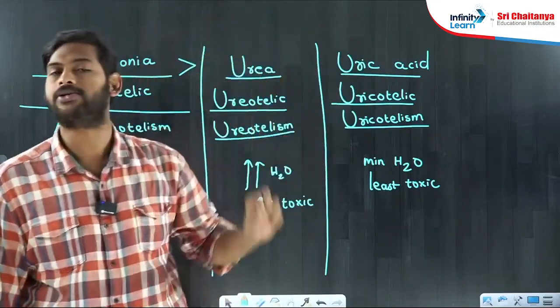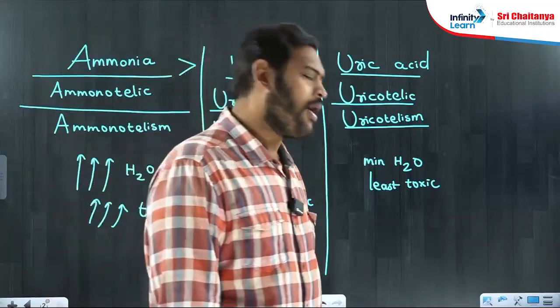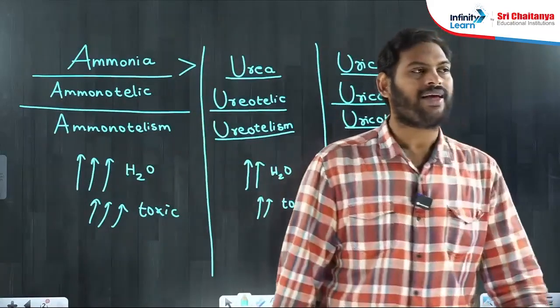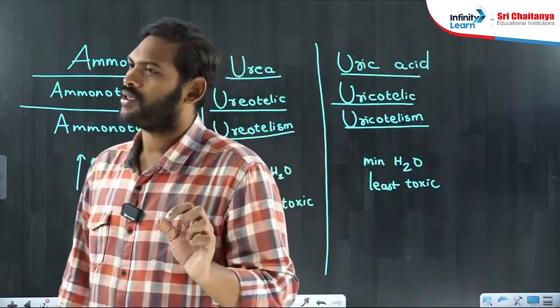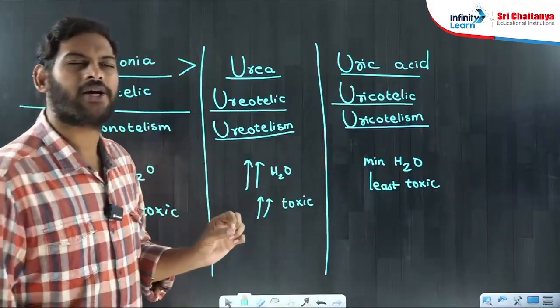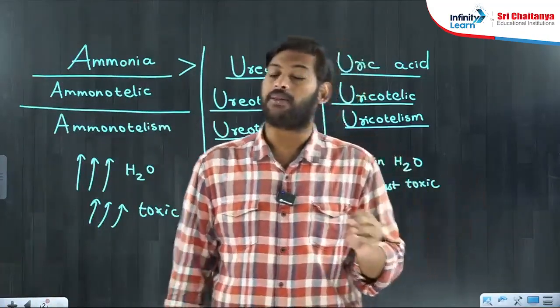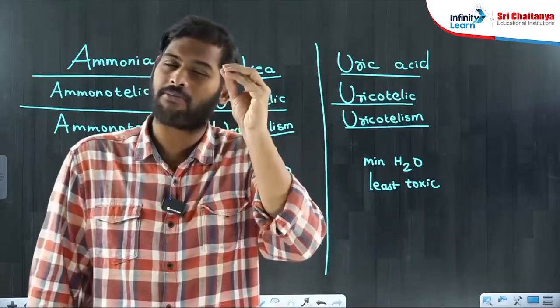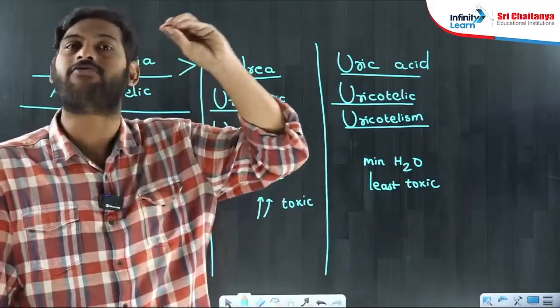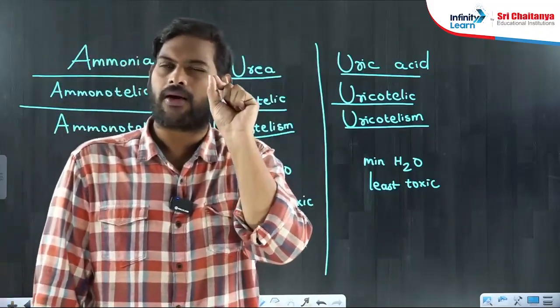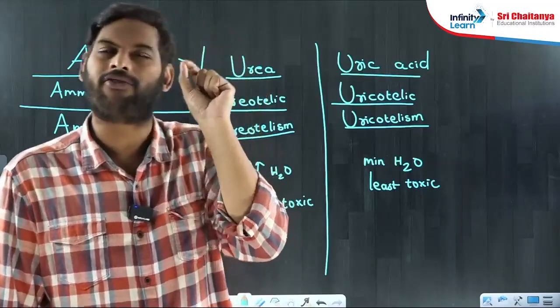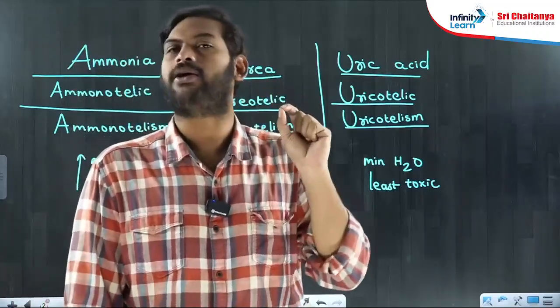Now, the question was, no animal will excrete their nitrogenous waste completely out of their bodies. Yes, they may get rid of 99.9% of nitrogenous waste, but a small quantity of it is necessary.